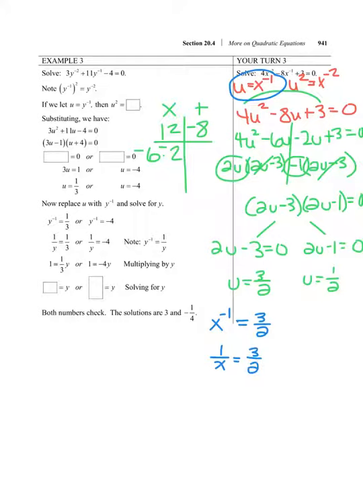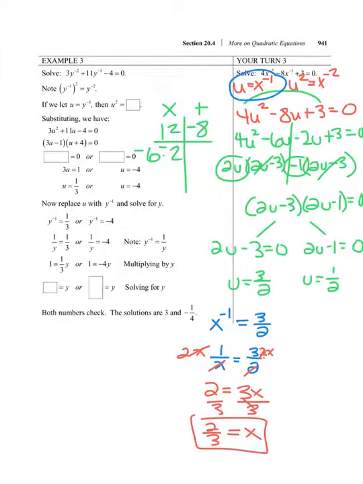So then to solve for x, since it's a denominator, I'm going to multiply both sides by x. I can actually multiply by 2x, so I multiply by the common denominator and clear all the fractions. So this would give me 2 equals 3x, divided by 3, x equals 2/3. And then do the same thing for the 1/2.